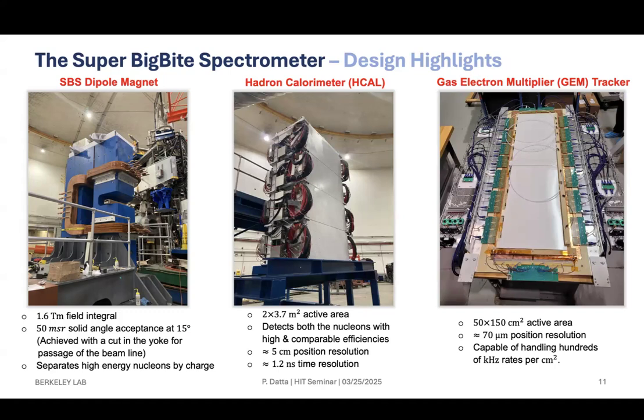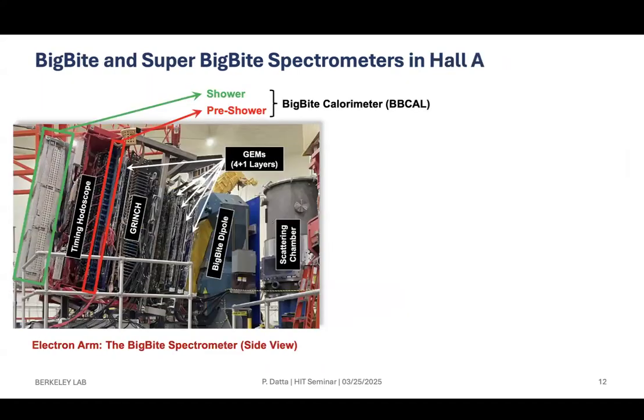With these 3 detector subsystems, 2 spectrometers were built. On the electron arm, we had the BigBite spectrometer, where we had the BigBite dipole magnet for momentum reconstruction, then 5 layers of GEMs for high precision tracking, then a gas ring imaging Cherenkov detector for ion rejection, and a timing hodoscope for high precision time measurement, which was sandwiched between a pre-shower and shower calorimeter for energy reconstruction and to provide the main trigger for the experiment.